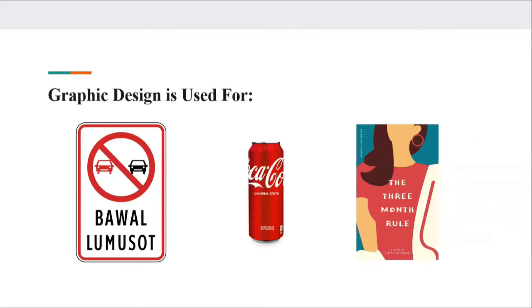Okay. So graphics design is used for traffic signs. Of course, when we say traffic signs, those are usually what we see on the streets. For example, bawal lumusot, U-turn, and more. And then graphics design is also usually used in advertisements.